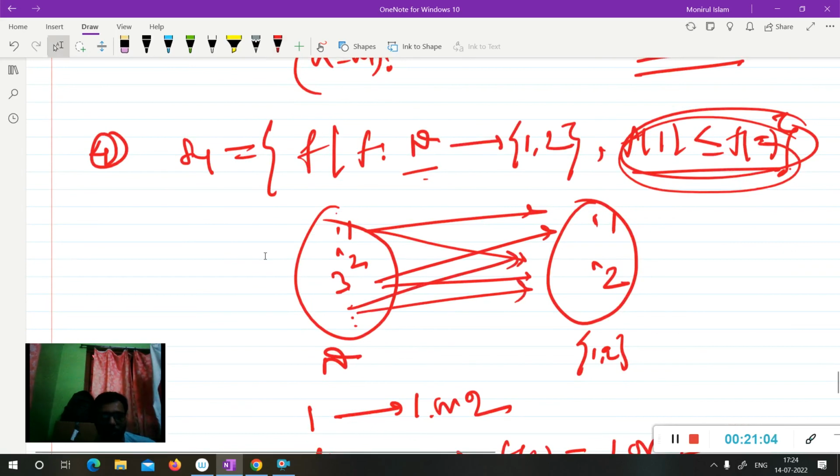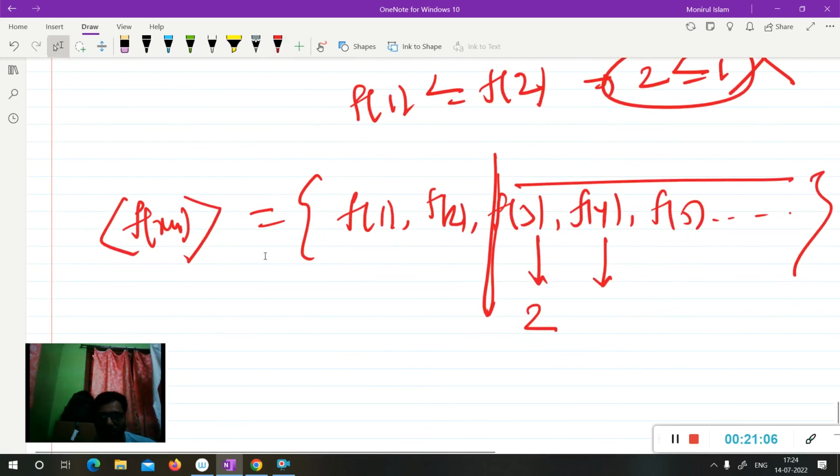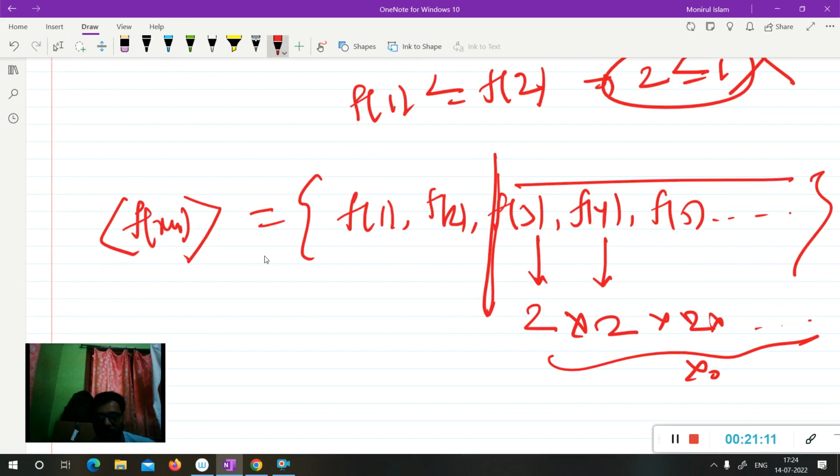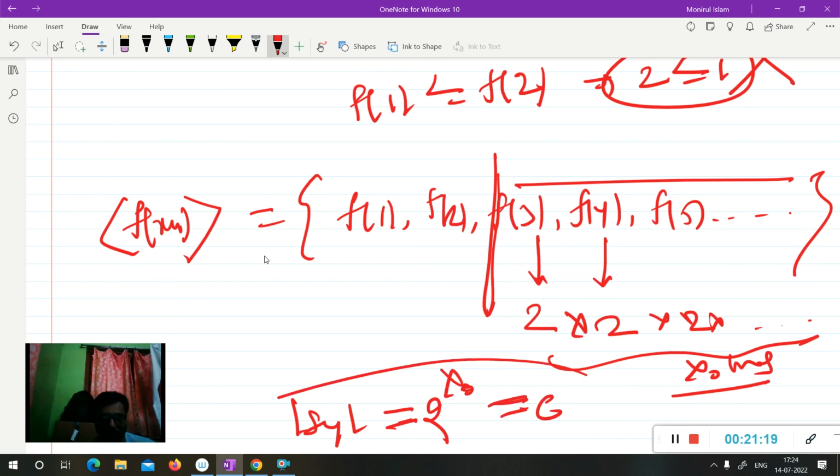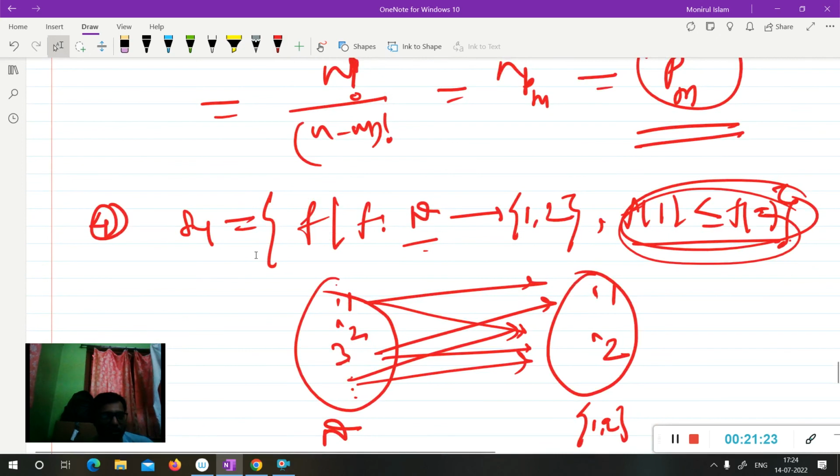So whatever the images of 1 and 2, the rest have 2 choices each, 2 multiplied aleph-null times. So the cardinality of S4 is 2 to the power aleph-null, which means S4 is an uncountable set.